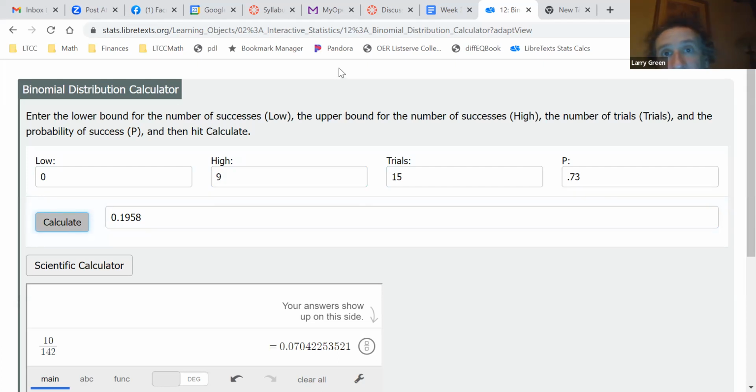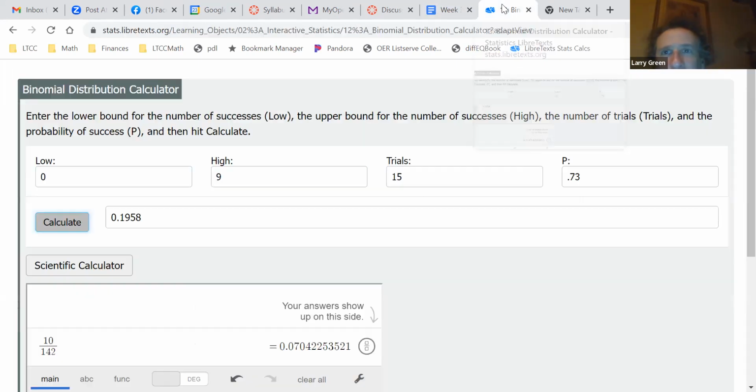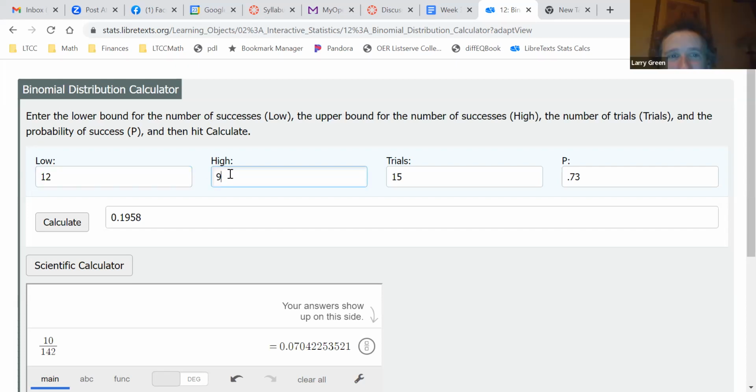Okay, so now, how about exactly 12 have received at least one dose? What's the smallest number that's exactly 12? This is really obvious. 12. What's the largest number that's exactly 12? 12 again. Okay, and same trials and P because that's what we're doing.